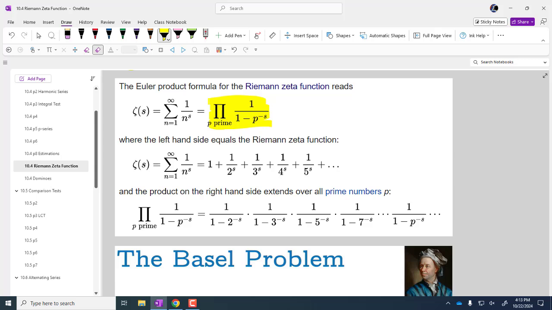All these things are being multiplied together. And the mind-blowing part is that you can take an infinite sum and turn it into an infinite product, where that infinite product is only over prime numbers.